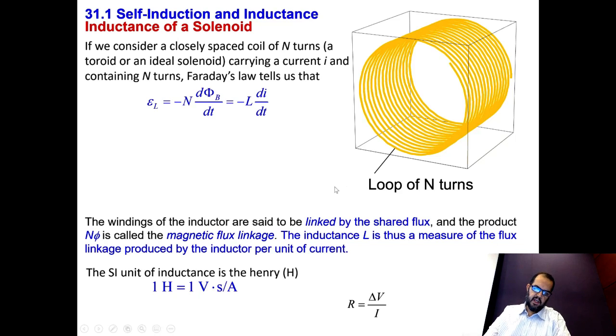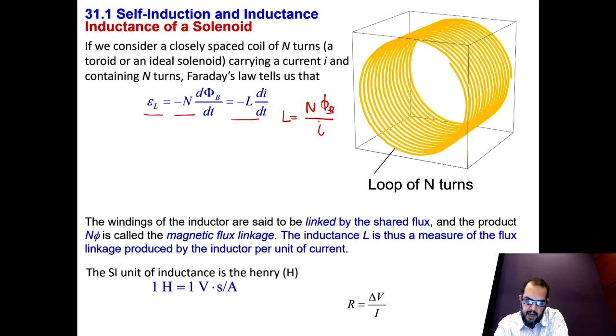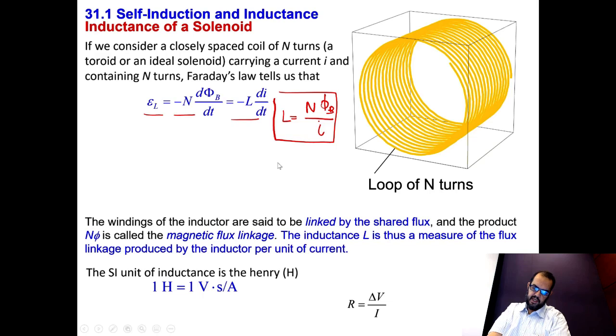If we consider closely spaced N turns carrying a current I, we can write that the induced EMF EL, or the inductor EMF, is equal to minus N d phi/dt, which is equal to minus L di/dt. Okay, so from this we can deduce, if you take the integral of both sides, that L is equal to N times the flux divided by the current I. So this is the inductance of a solenoid, which can be obtained from this.